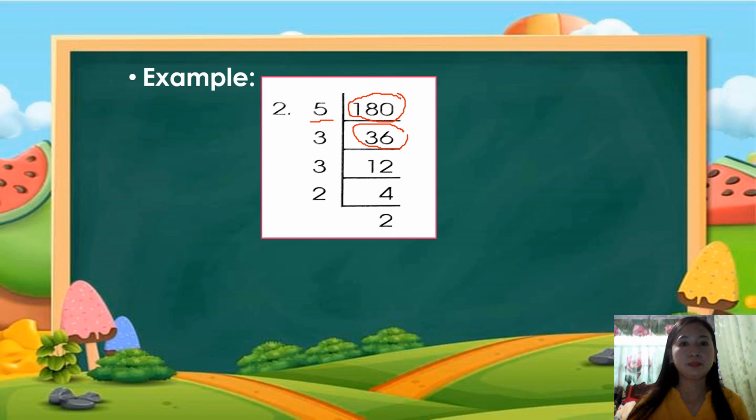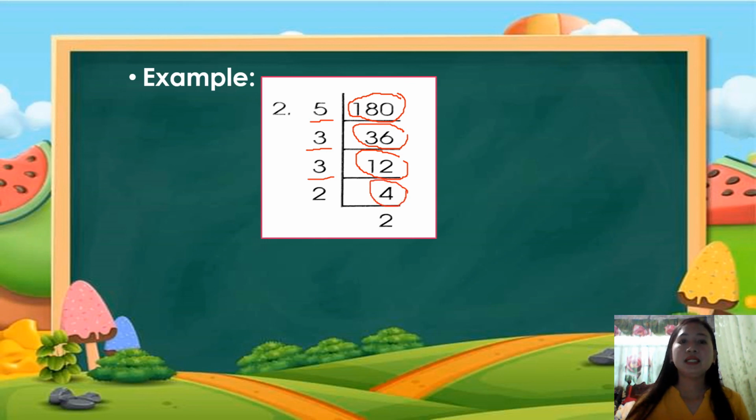It is a composite number, so we divide it again by the prime number 3. 36 divided by 3, the quotient is 12. 12 is not yet a prime number, so we divide it again by 3. 12 divided by 3, the quotient is 4.